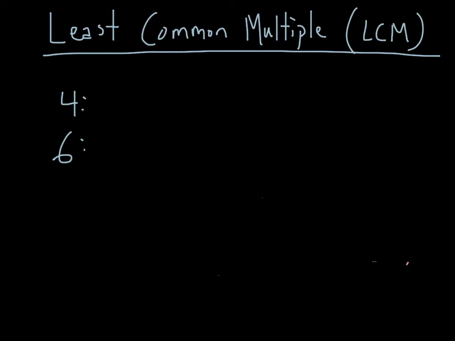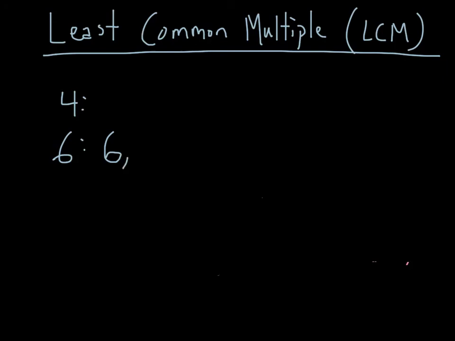And if I list the multiples of 6, remember the first multiple is always the number itself. And after I think of the first multiple of 6, I'm going to ask myself, is that a multiple of 4? Is 6 also a multiple of 4? No, it's not, because 4 times 1 is 4, 4 times 2 is 8. It never lands on 6.